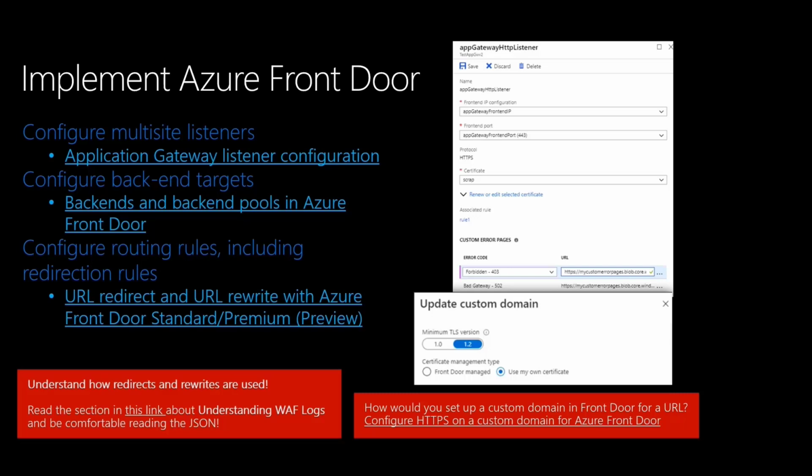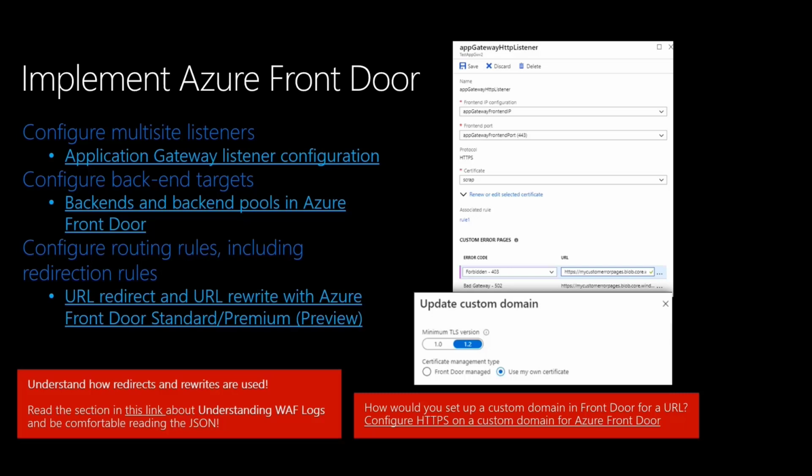Make sure that you understand how to set up a custom domain in Front Door for a URL, and how you would configure HTTPS on a custom domain. There's a good link there that can help you to understand that. And then again, talking about redirects and rewrites, understand how those are used, and make sure that you understand WAF logs, and make sure you're comfortable reading the JSON for WAF logs.